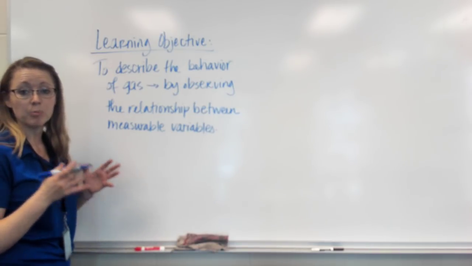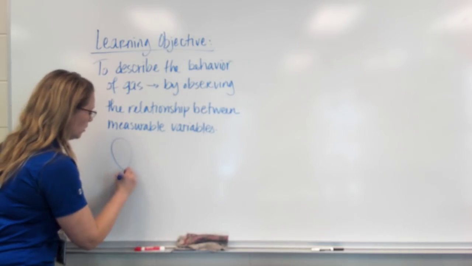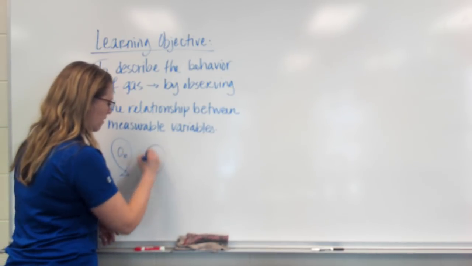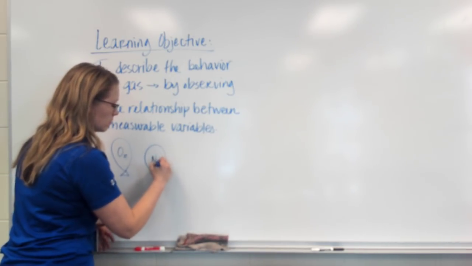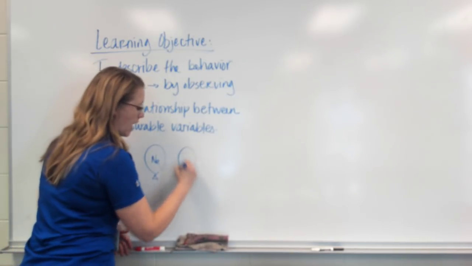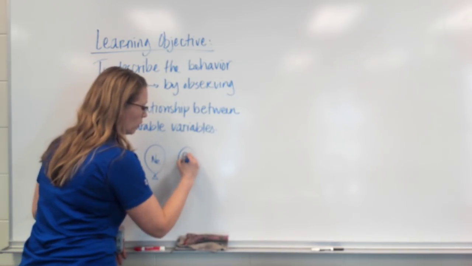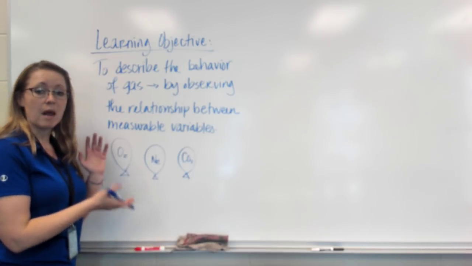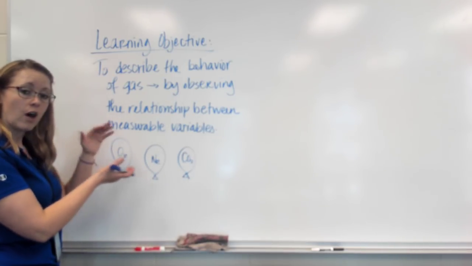If I have a balloon full of a gas like oxygen, or a balloon full of a gas like nitrogen, or a balloon full of carbon dioxide, and I ask what variables can I measure about this volume of gas?